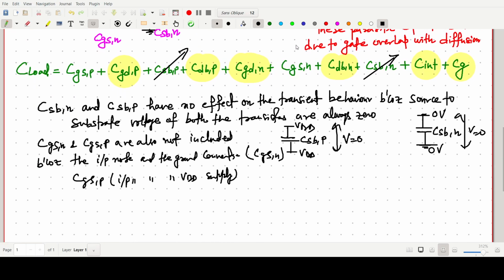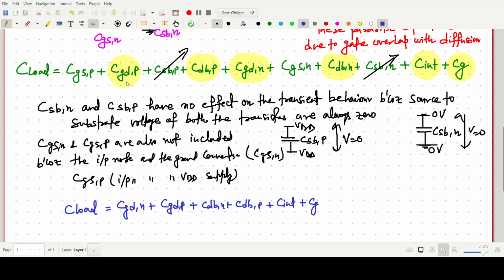So the C load is gate to drain of N plus gate to drain of P plus drain to bulk of N plus drain to bulk of P plus C int plus CG.